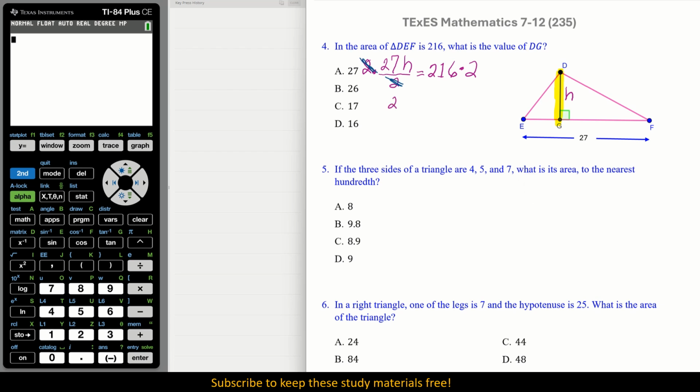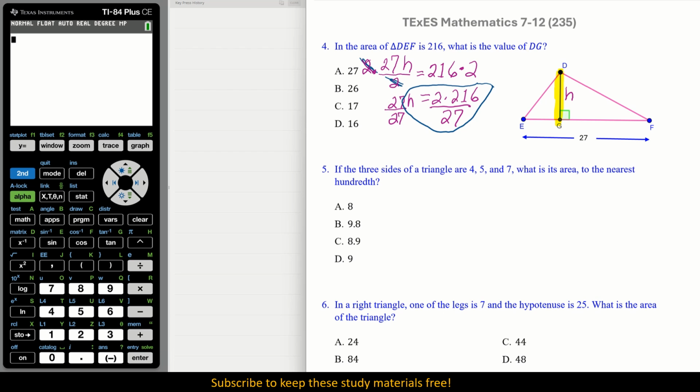So what do we have? We have 27H equals 2 times 216. Divide both sides by the 27. And now we know what to put in our calculator, and that should get us the value of H. It's not a very difficult problem.